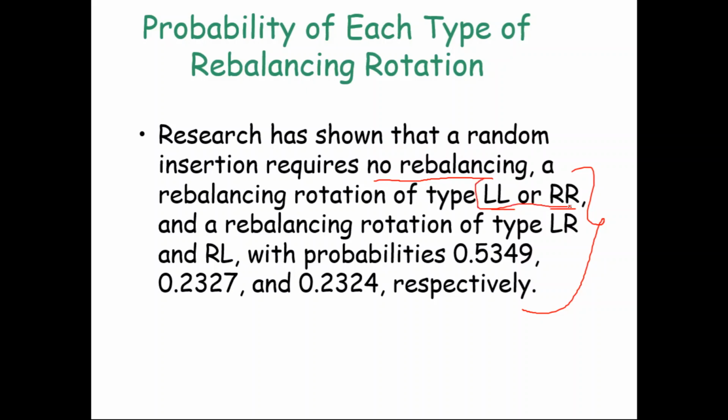For LL and RR, the probability of occurrence is 0.5349, for LR it is 0.2327, and for RL it is 0.2324. That means most rotations will be either LL or RR, a single rotation, and the probabilities of LR and RL are almost equal. So LL and RR occur 50% of the time when you are doing rotation, and the remaining time it is either LR or RL, each occupying close to 25%.